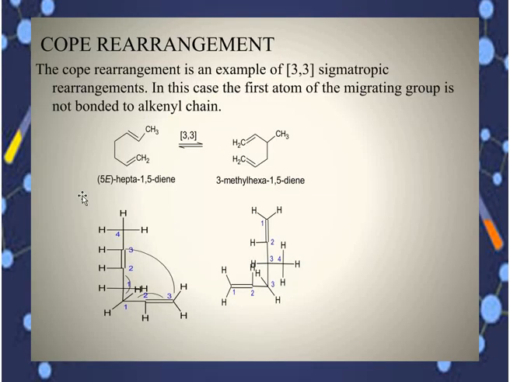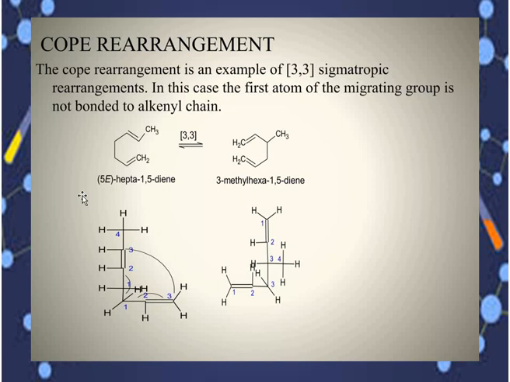You know, this type of shift is present in Cope rearrangement. This is also a very important rearrangement which is an example of pericyclic reaction, especially sigmatropic rearrangement. The Cope rearrangement is an example of 3-3. Here 3-3 is very important. You keep in mind what is the meaning of 3-3 here. So sigmatropic rearrangement, in this case the first atom of migrating group is not bonded to the alkenyl chain.